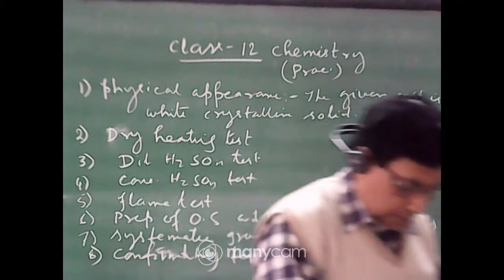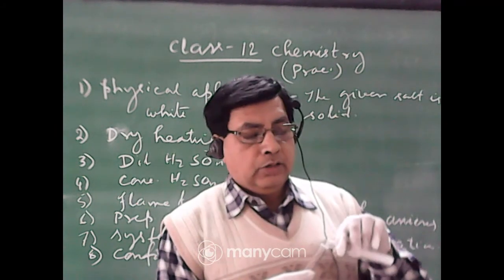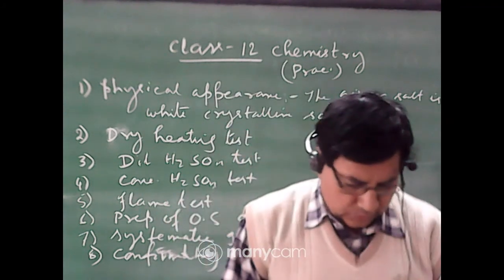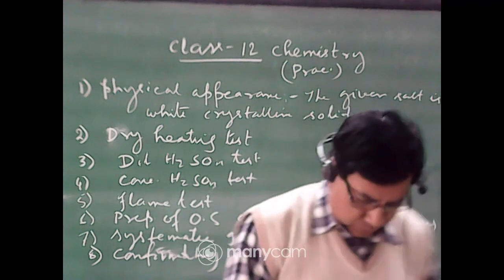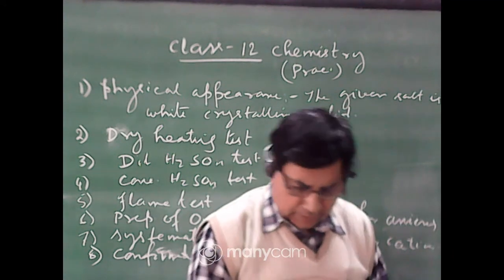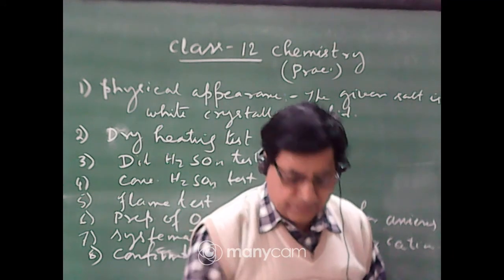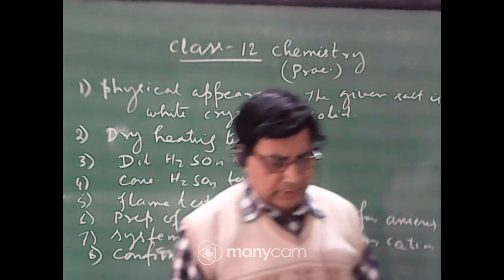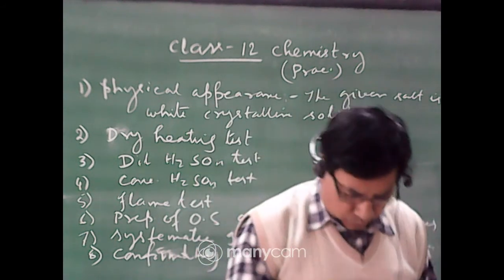Now you add a very small amount of original solution in another test tube, and then you add dilute HCl. When you add dilute HCl, you have already observed that no white precipitate is formed. So group 1 is absent. It is colorless, so group 2 is absent.